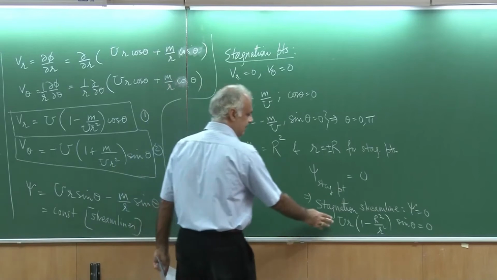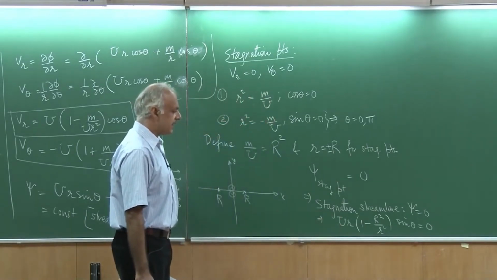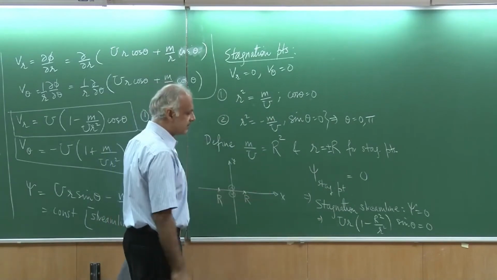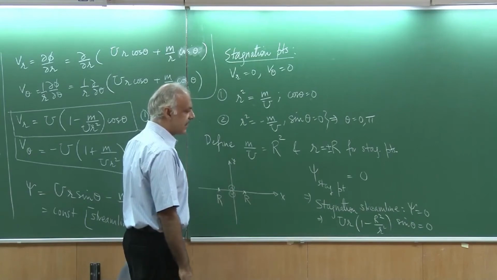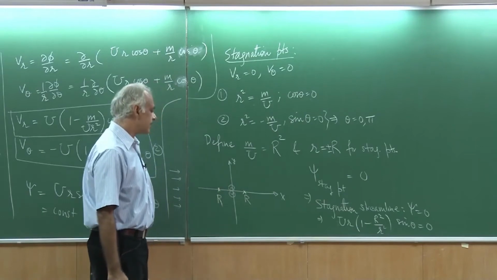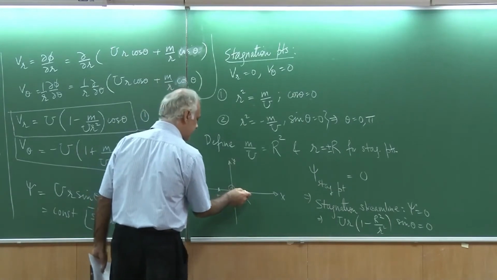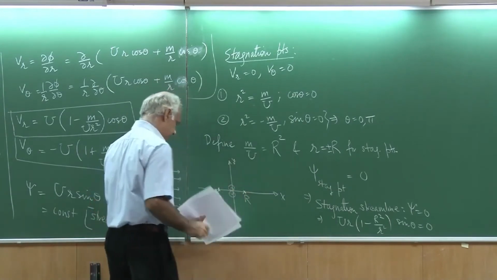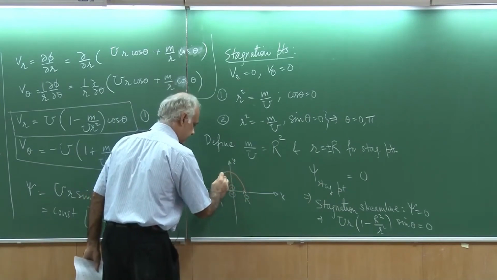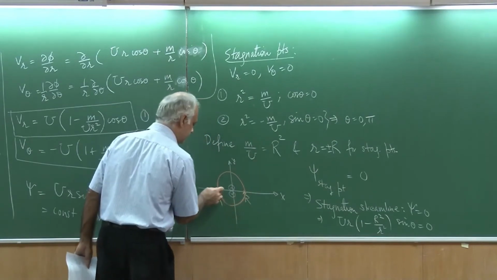So, if I somehow evaluate this function, then I get the stagnation streamline. Okay, so this will have different solutions, and the way I can look at it is I can take a particular value of r and evaluate the theta at which this function is satisfied, or conversely I could take different values of theta and see what is the value of r. In any case, if we do that, we are going to get the stagnation streamline. So, maybe I should draw it with a red color. So, my stagnation streamline would actually be a circle.